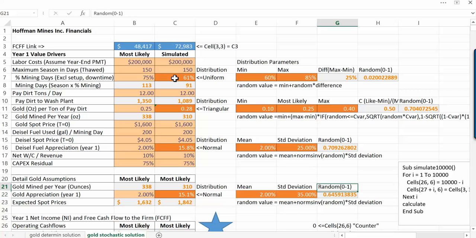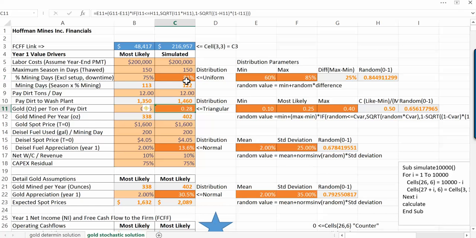We then generated random numbers for each one of the variables. And these are Excel's random numbers that are between 0 and 1 with a mean of 0.5. And then we gave you the formula to calculate, say, a random uniform distribution. So every time I hit F9 and recalculate, I get a random number over here between 0 and 1, and that would translate into a random uniform distribution.